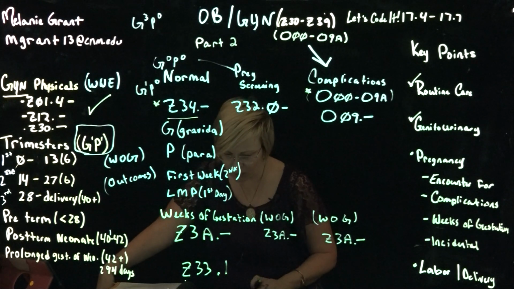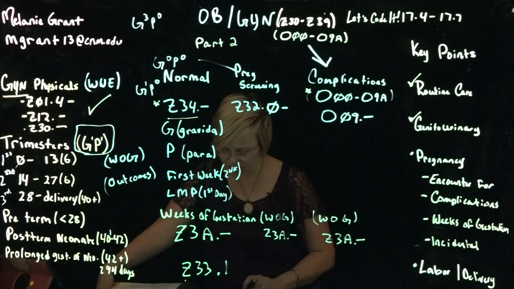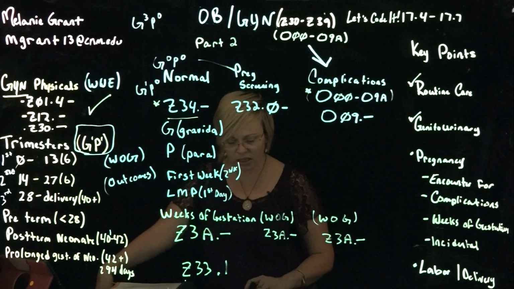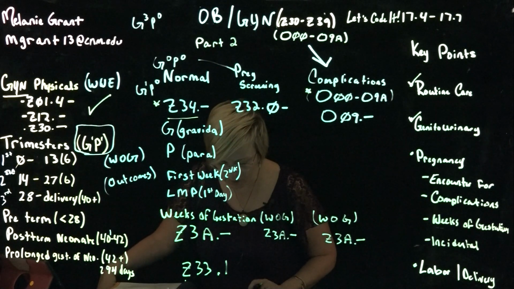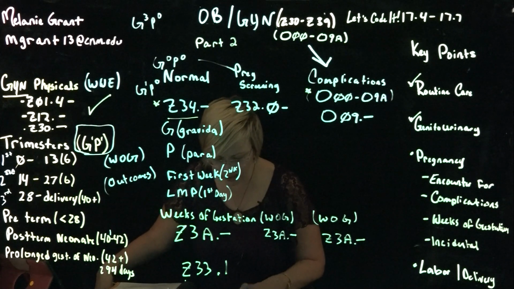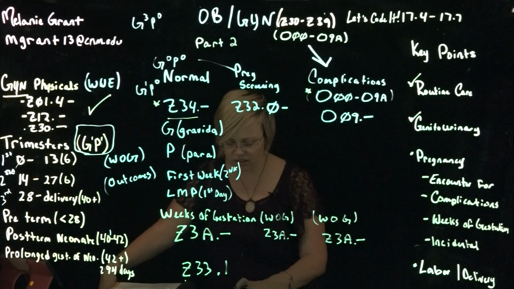Now you have other options for encounters for elective termination of pregnancy, as well as gestational carrier. So if they're getting seen for counseling and they're carrying a baby, that is one of the differences.